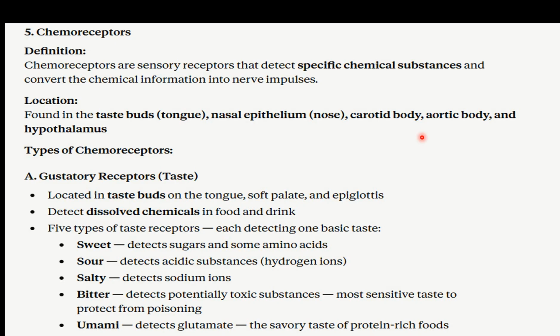And then we have umami, which detects glutamate, the savory taste of protein-rich food. These are all the taste receptors that help the body identify what type of chemical is there, and accordingly it responds to the brain. So this all comes under the first type, gustatory receptors of the human body.